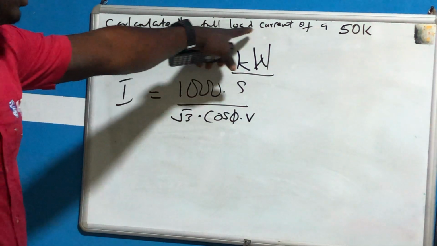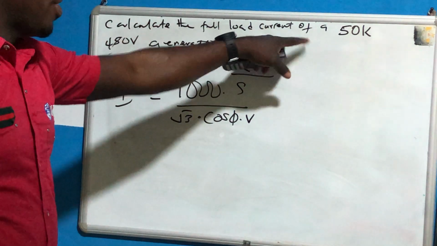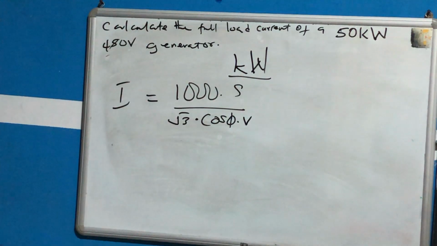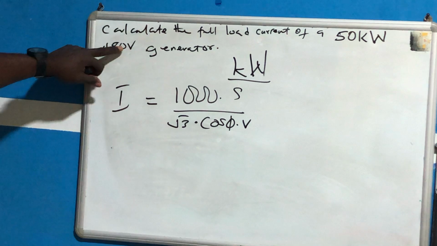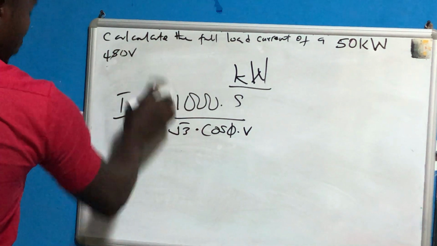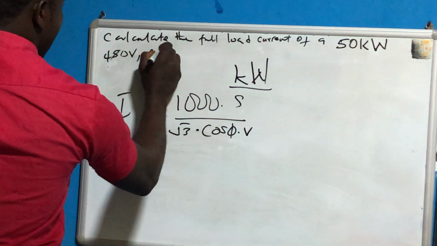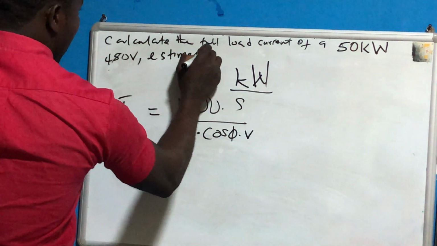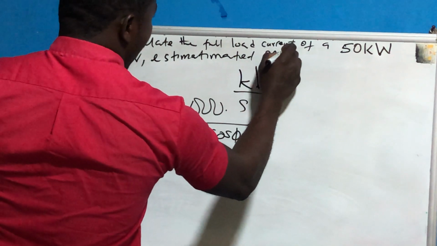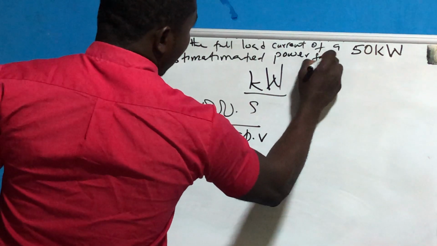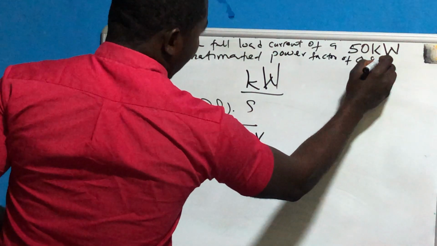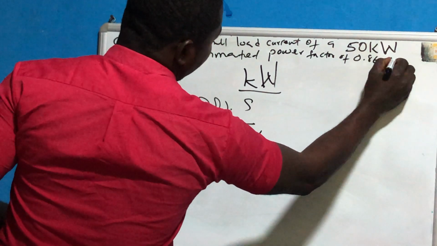So calculate the full load current of 50 kW, 480 volts, estimated power factor of 0.86 generator.